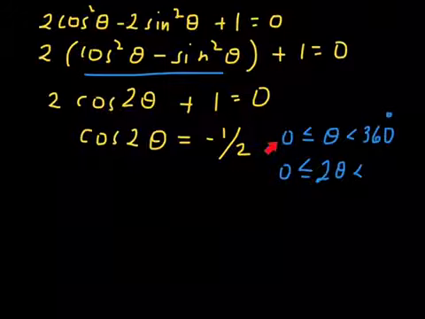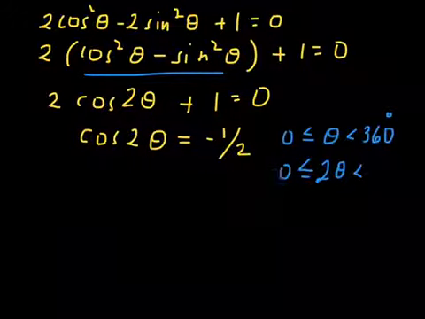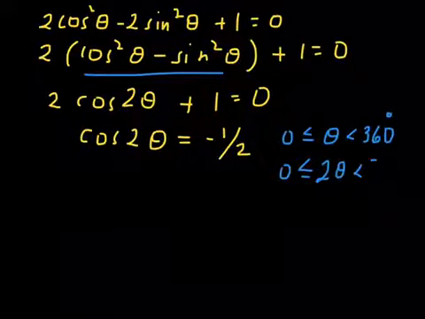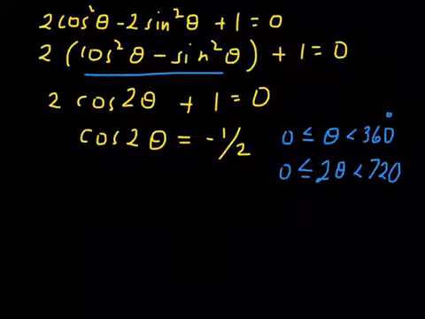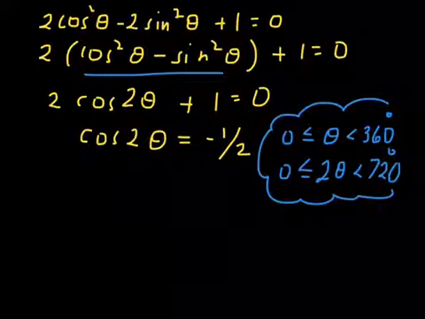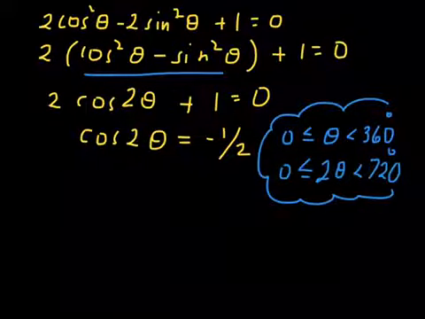That means you should multiply 0 by 2, which is still 0, and 360 by 2, which is 720 degrees. What does that mean? That means 720 degrees is two trips around the unit circle, right, everybody? So be careful that you grab all your solutions and you don't miss any, all right?